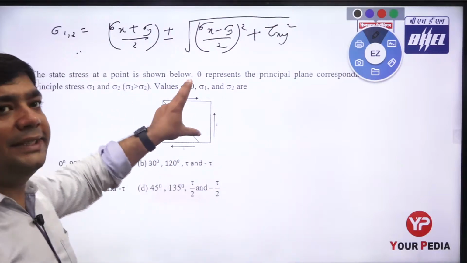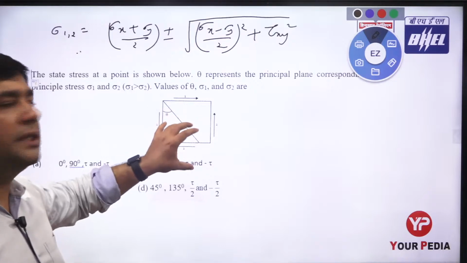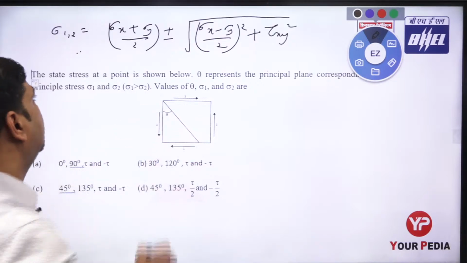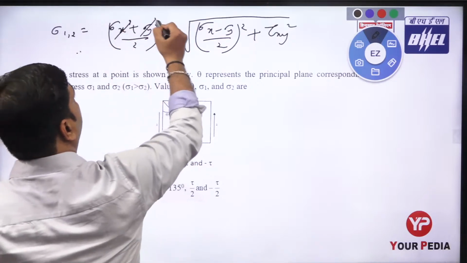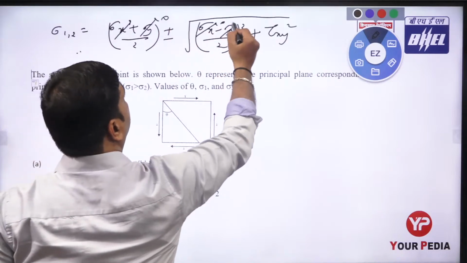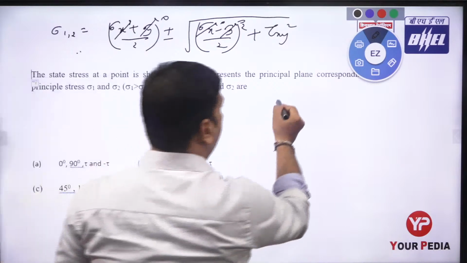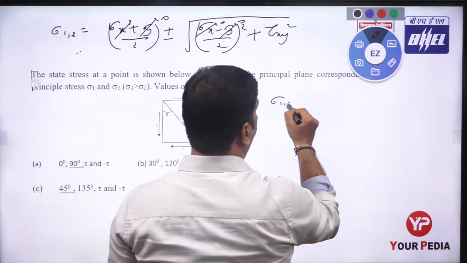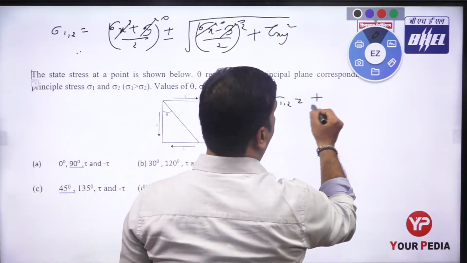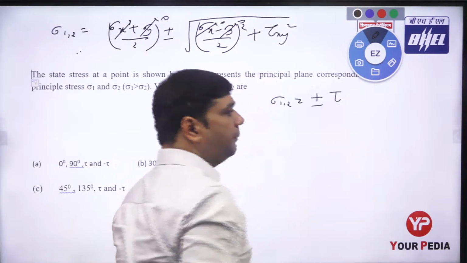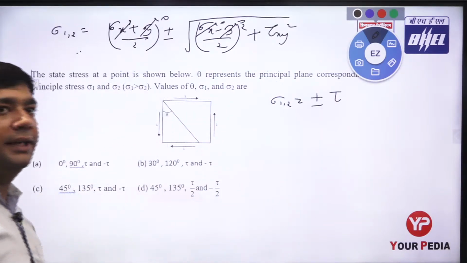In the case of pure shear stress, sigma x and sigma y are equal to 0. There is no normal stress acting on the member, and the principal stresses sigma 1,2 equal plus or minus tau. Is this clear?